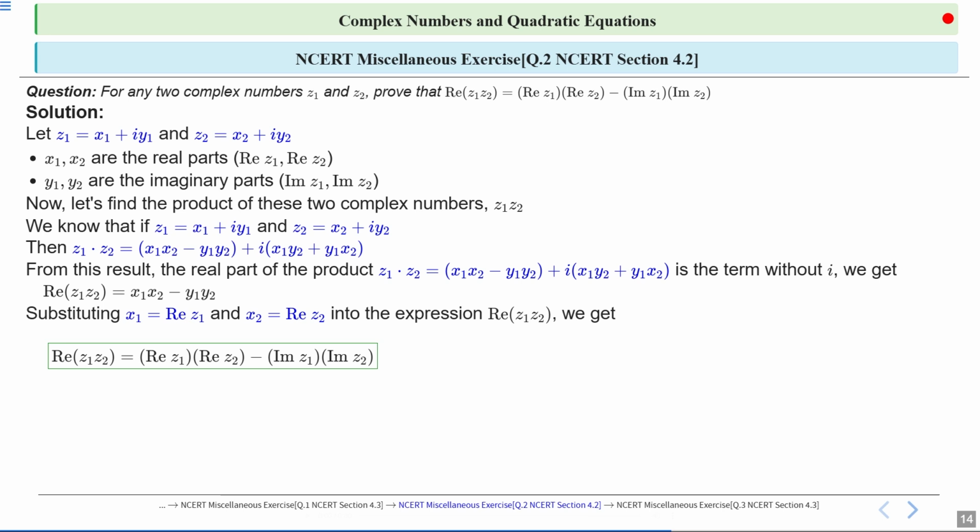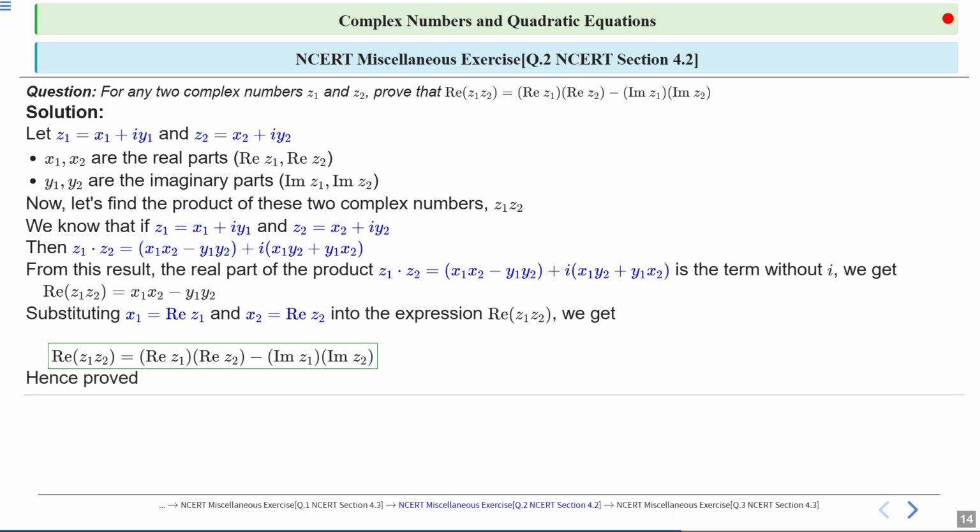Now substitute back the meanings of x1 and x2, y1 and y2. Since x1 is real part of Z1, x2 is real part of Z2, y1 is imaginary part of Z1 and y2 is imaginary part of Z2. So we can write real part of Z1 times Z2 equals real part of Z1 times real part of Z2 minus imaginary part of Z1 times imaginary part of Z2.